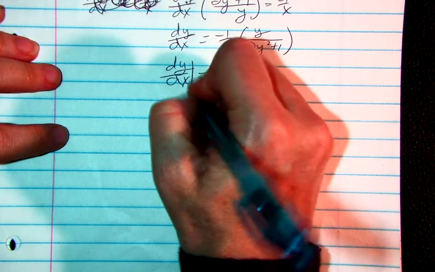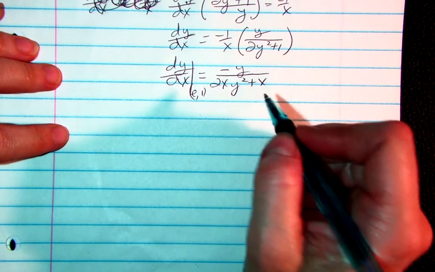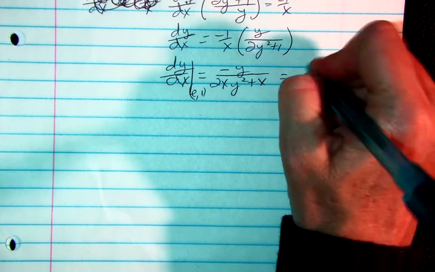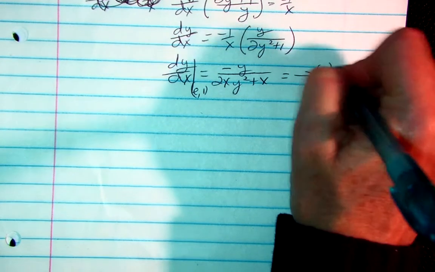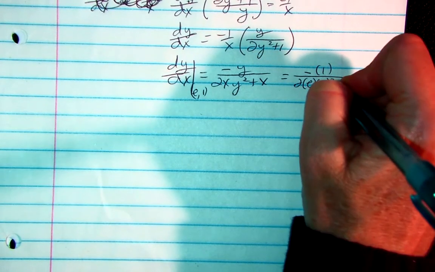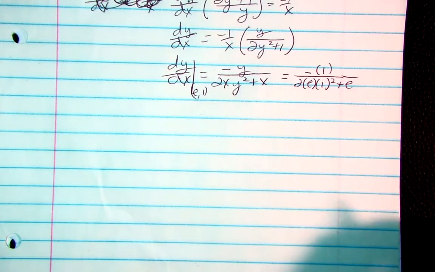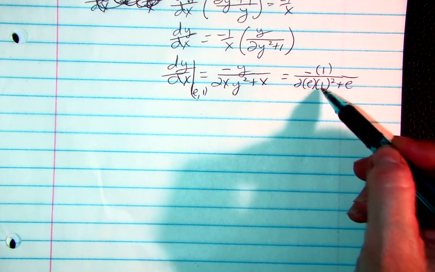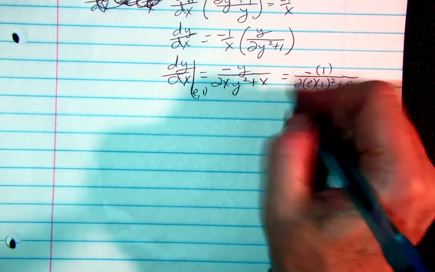So let's do this at (e, 1), in which x is e and y is 1.